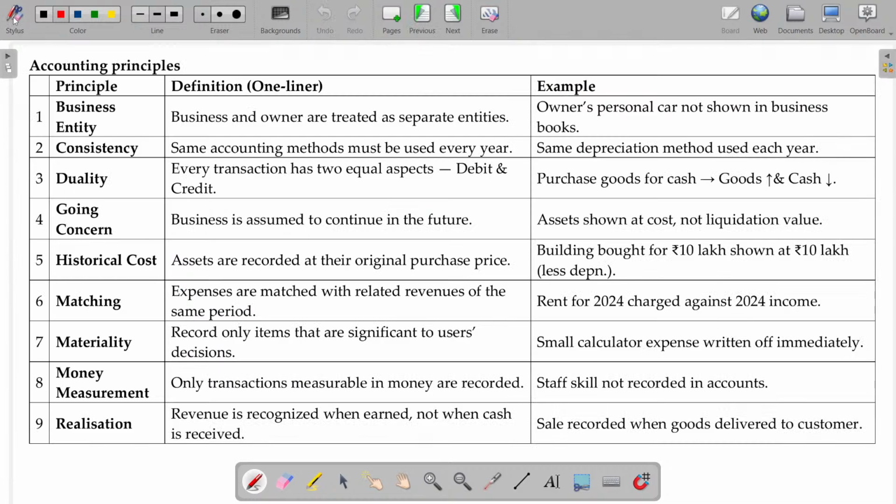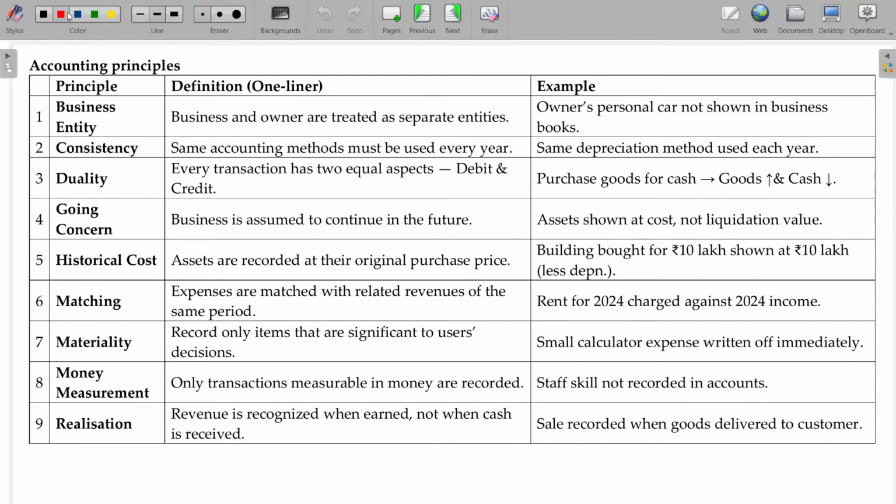Accounting principles. While preparing the accounts, you have to keep all these principles in your mind for recording the transactions. The first principle is the business entity principle. As per this principle, business and owner are not the same; they are treated as separate entities.